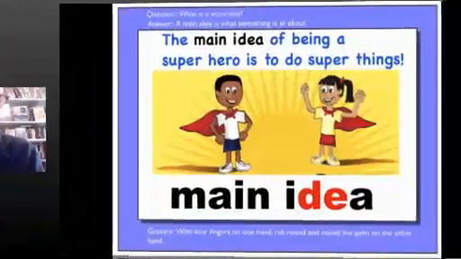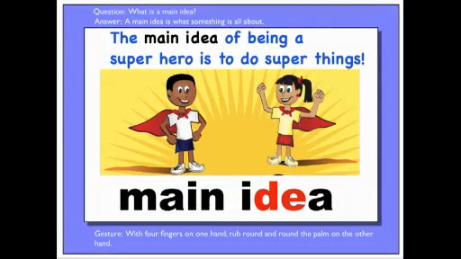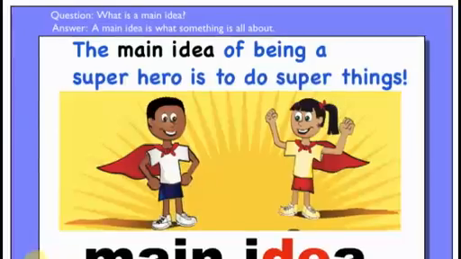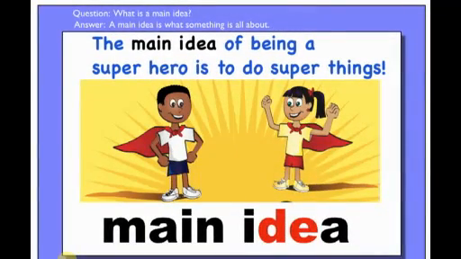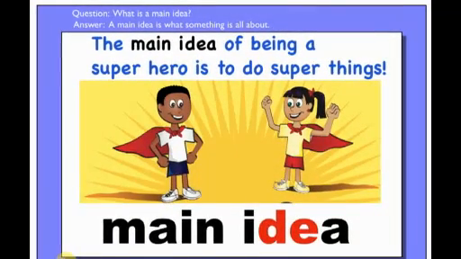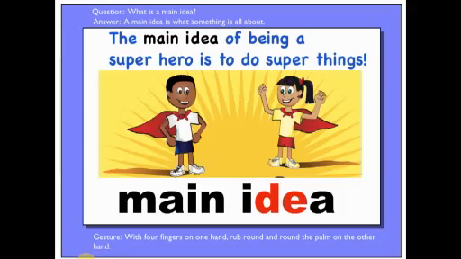A Power Pix, which we include with all of these things, is a representation of the concept taught. Every Power Pix has up here at the top, question, in case you forget, answer, then a picture of the Power Pix with color syllables and the gesture down here.